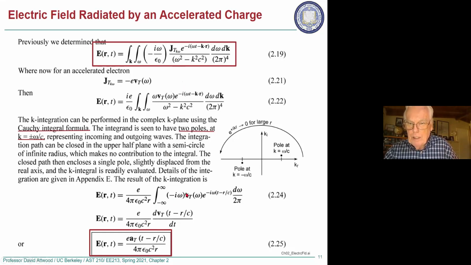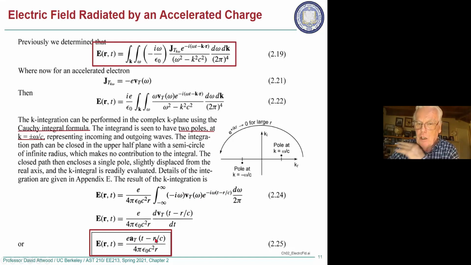This was the Fourier transform of the velocity, but this minus i omega is actually a time derivative. If you do this integration, some exponential terms came together, and this is what you get: the electric field depends on the acceleration, but only on the transverse component.